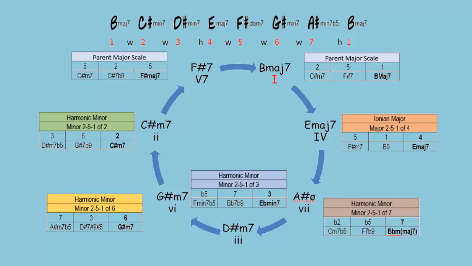And again, the bass tones are 6, 2, and 5. But when you look at the chord progression, it's actually a 2-5-1 in the F sharp major scale. So the parent scale for this 2-5-1 progression would be F sharp major 7.